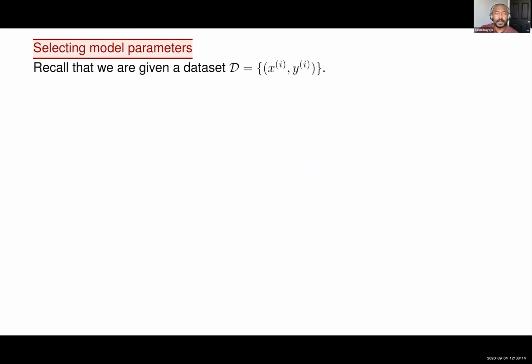So now we want to find model parameters because again, we've come up with a model. We need to actually do the learning piece, which is finding parameters that fit this model.